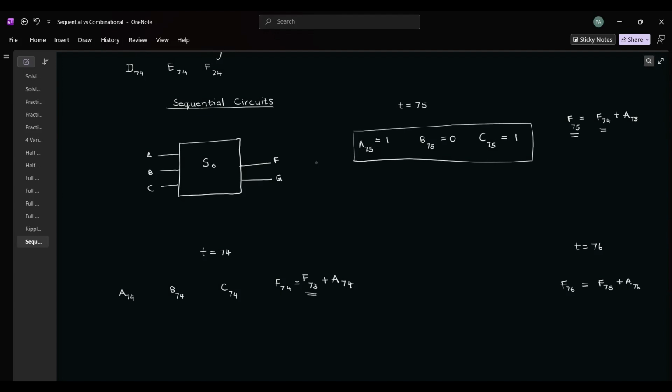F73 affects F74, F74 affects F75, F75 affects F76, and so on. To generalize, Fn will be affected by Fn minus 1, where n is the time parameter.